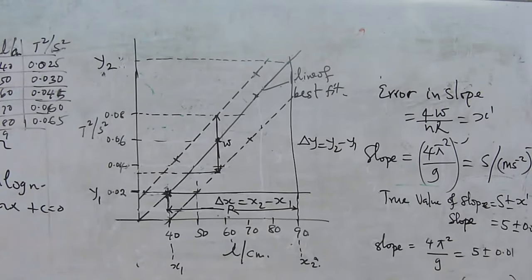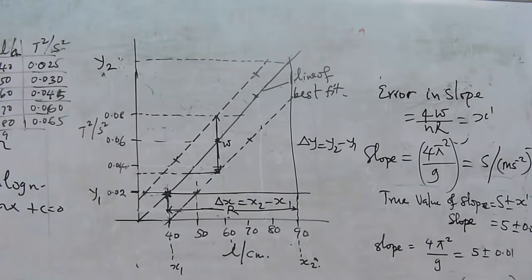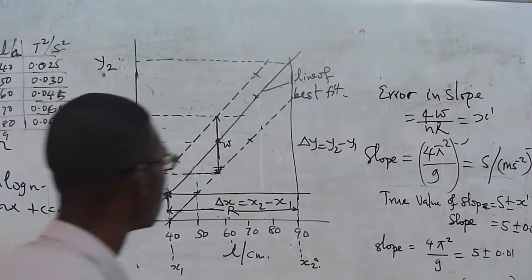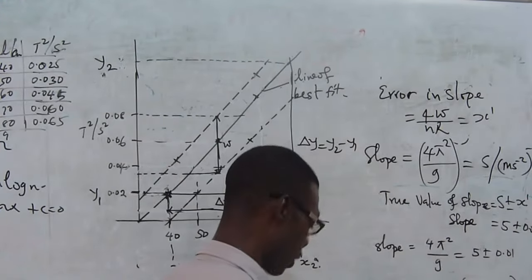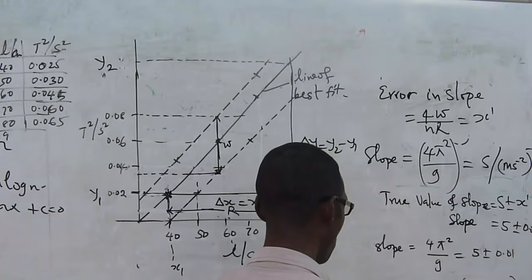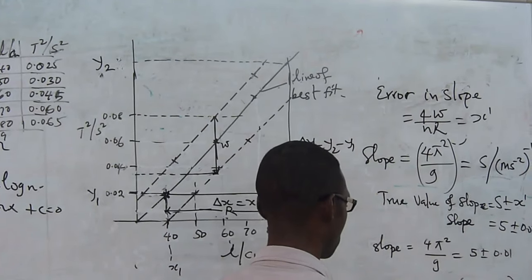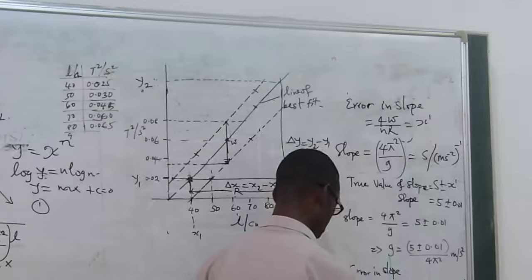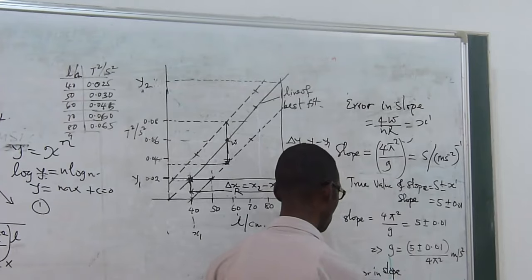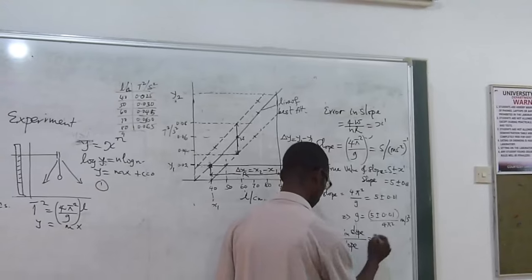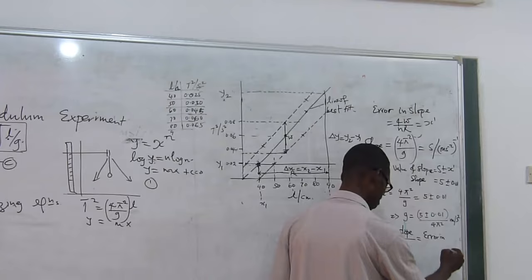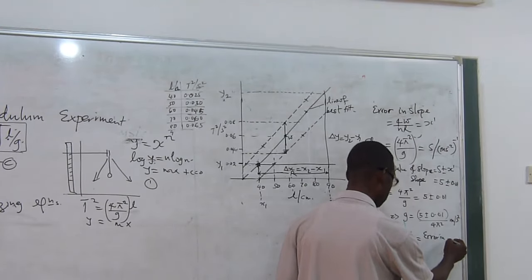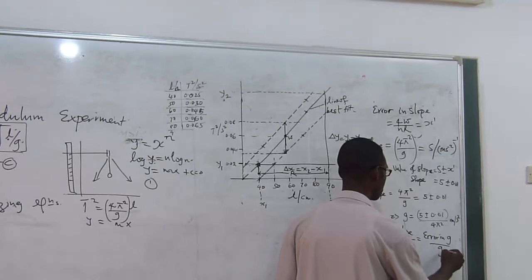Error in slope. Alright, so if you want to have something to remember, you can write it as error in slope over slope is equal to error in g over g.